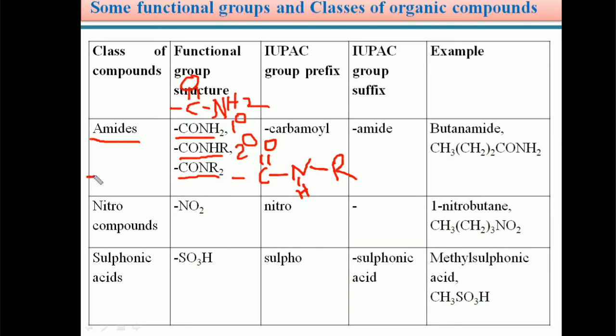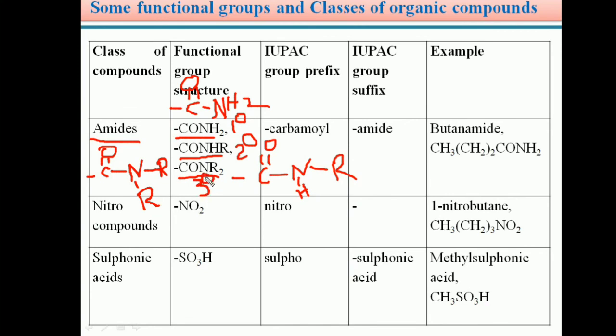In case of tertiary amide, the structure is like this: C double bond O, and there is a direct bond between carbon and nitrogen, and this nitrogen is connected with 2 alkyl groups, that is R. This R may be methyl or ethyl or propyl, butyl, isobutyl, neopentyl, whatever it may be, it is an alkyl group. So this is a tertiary amide.